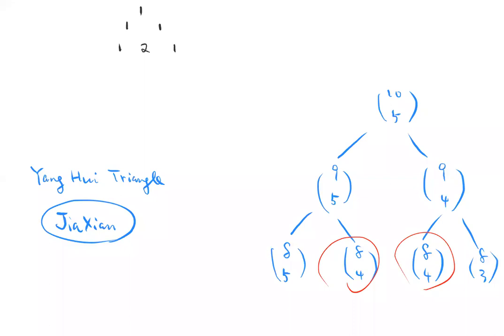Next row: addition of these two gives us 3, addition of these two gives us 3, and this one is 1. Let me just draw how it's computed. You see, it's so easy.